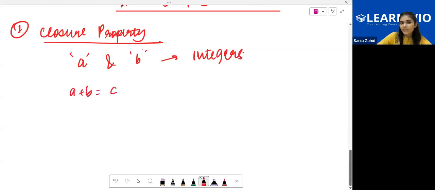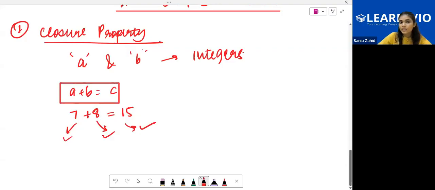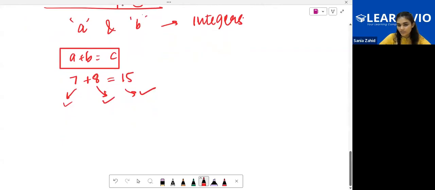Let's consider 7, an integer, and 8. What do I get on adding 7 and 8? I get 15. 7 is an integer, 8 is also an integer, and 15 is also an integer. That means on adding 2 integers, I will get an integer.